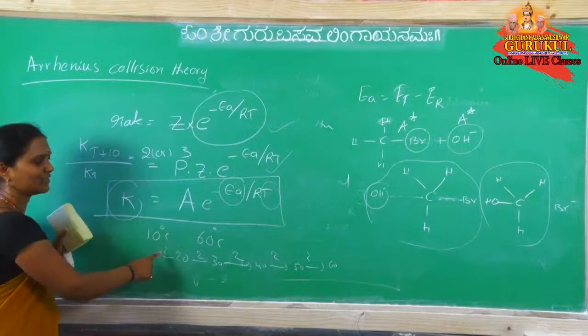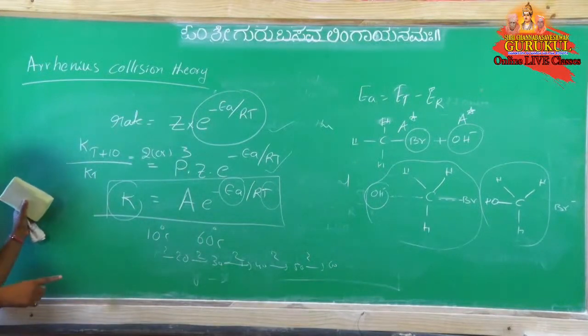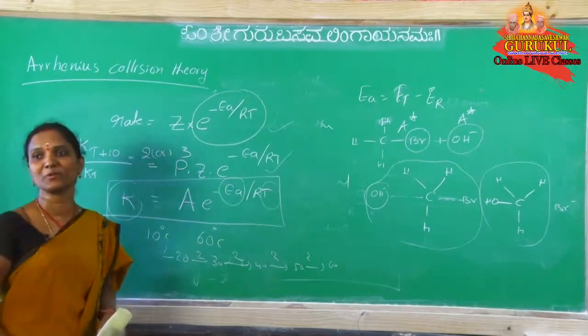So how many times? 2 to the power 5. Yes or no? So the rate constant for every 10 degrees doubles or triples; that is the temperature coefficient.